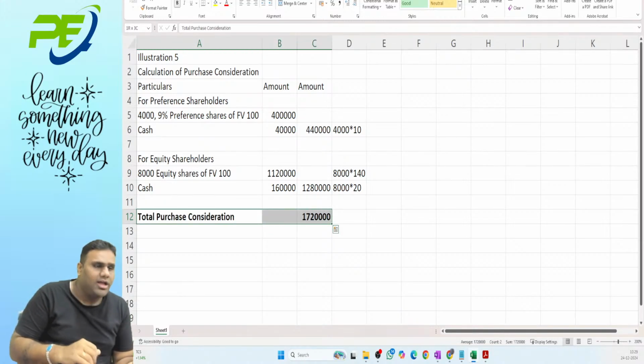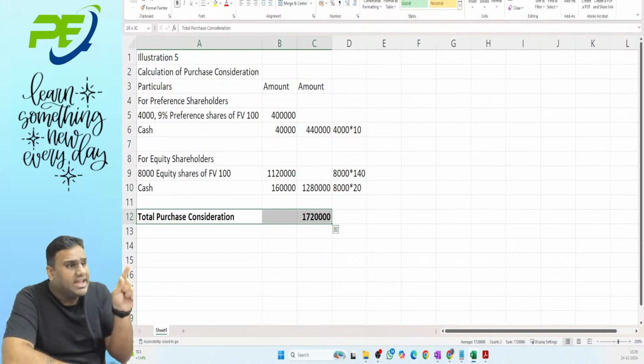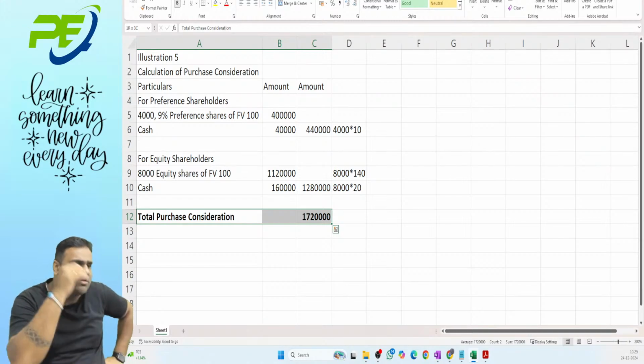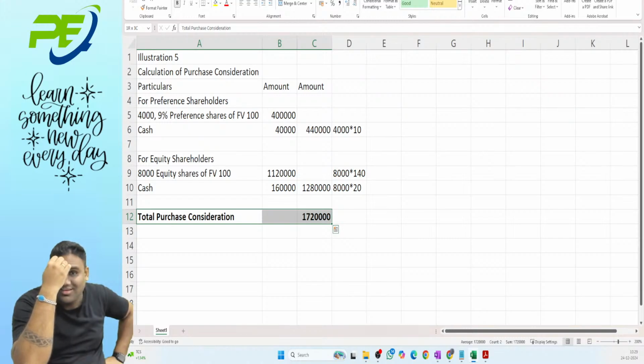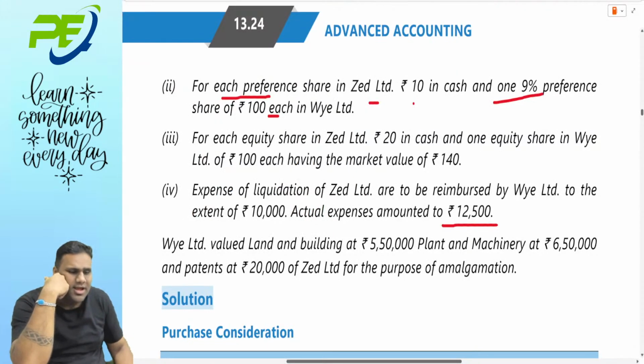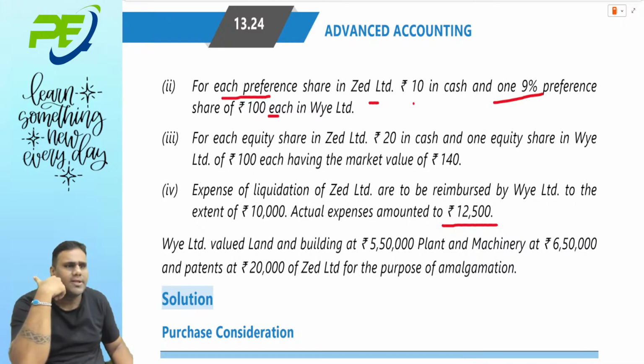So total purchase consideration 17,20,000. Bhaiya, you said net assets and net payments, this is only net payment. Yes, they have given the Y Limited valued amounts, so these are the agreed values.